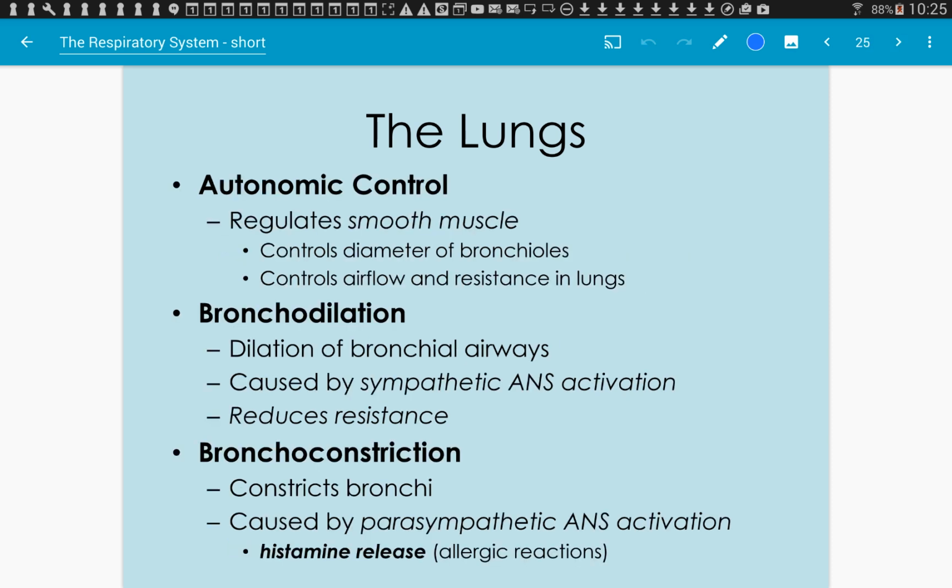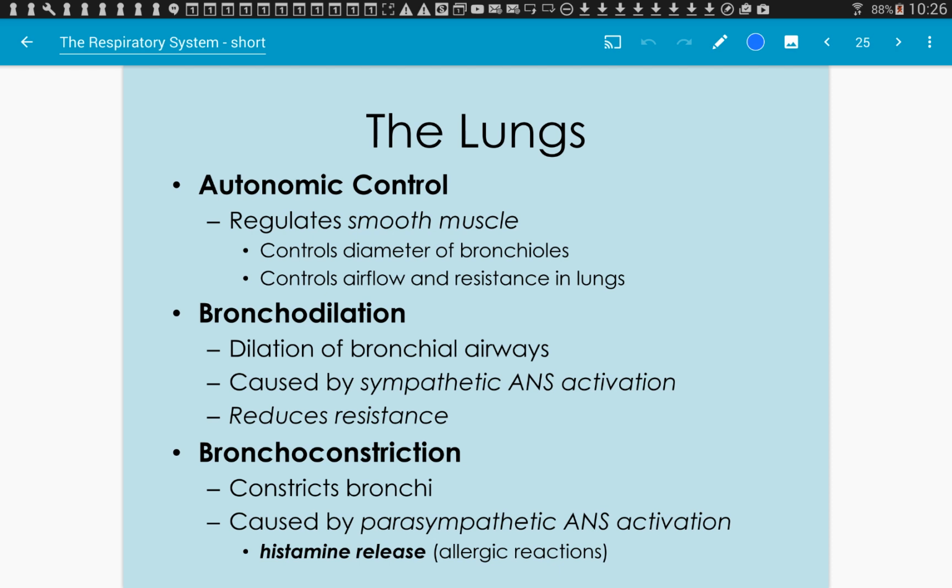Okay, so control of the lungs and some of the functions. Our breathing, by the way, can be conscious and unconscious. You can think about it and actively breathe in air, exhale air, but if you're not thinking about it, then the respiratory system and the nervous system takes over and stimulates that breathing itself.